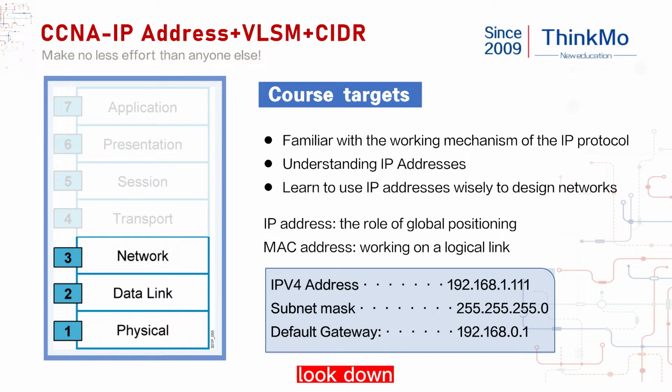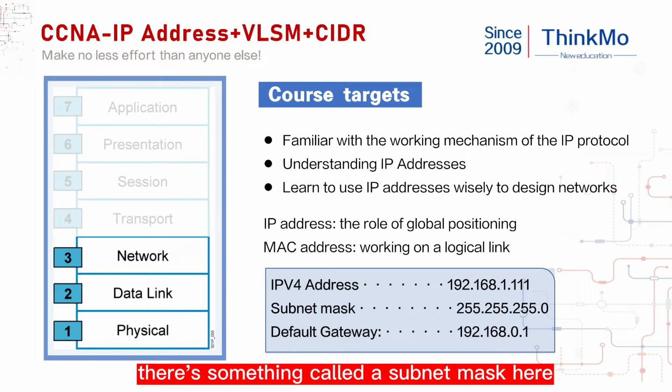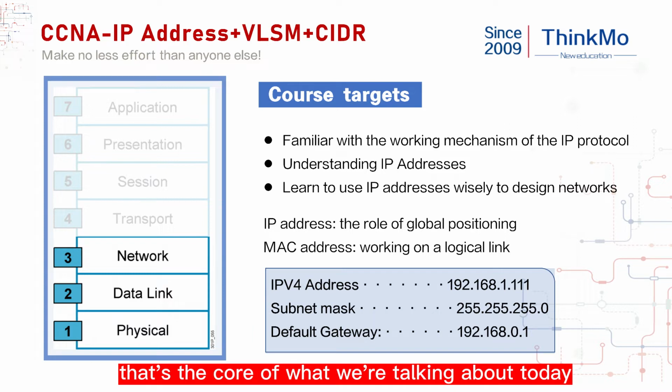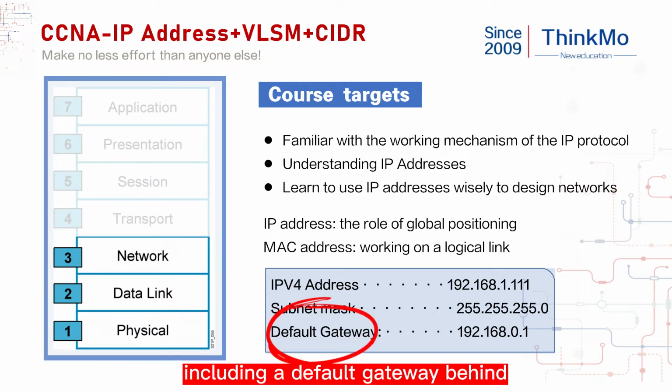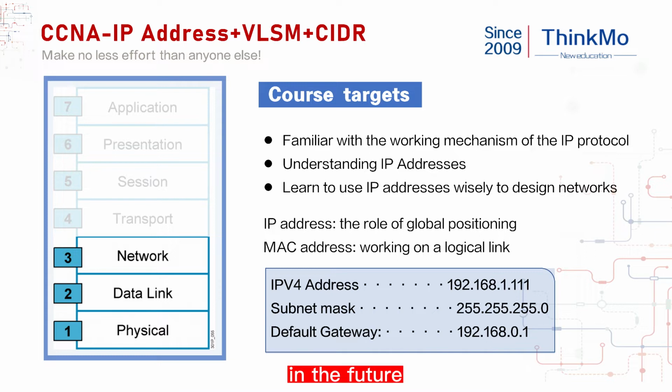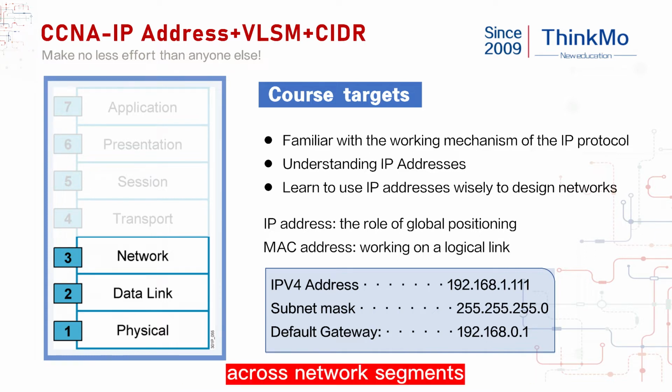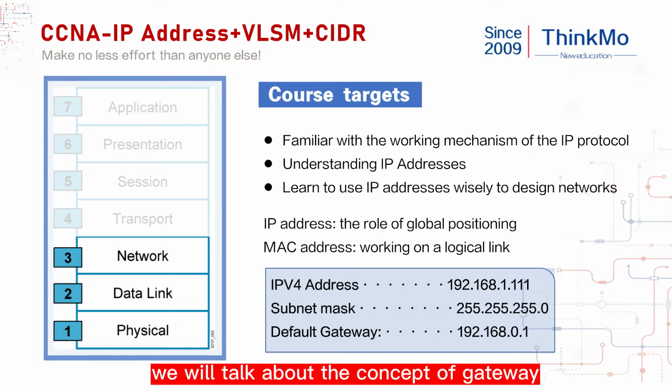Next, look down. There's something called a subnet mask here. That's the core of what we're talking about today, including a default gateway behind it. In the future, when we talk about data communication across network segments, we will talk about the concept of gateway.